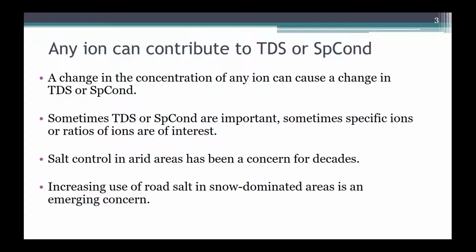And so in some cases, we're interested in how the overall specific conductance or the overall saltiness changes. And at other times, we're interested in the change in a specific major ion, okay? And that's going to be the case today. I'll focus a lot more on chloride, but we have to understand that chloride, when it increases, also increases the overall saltiness of water, the total dissolved solids or the specific conductance.